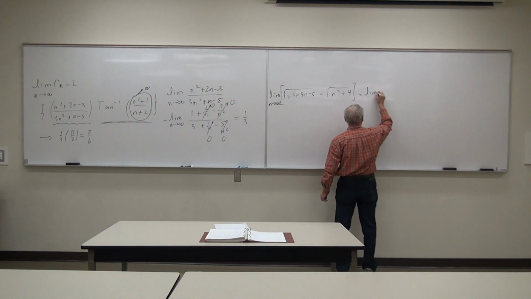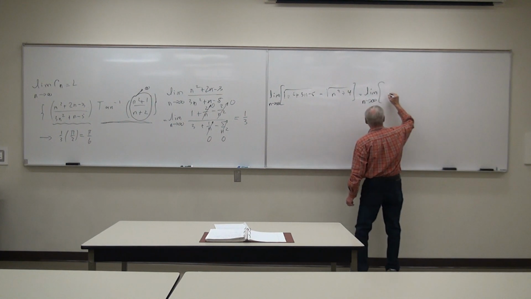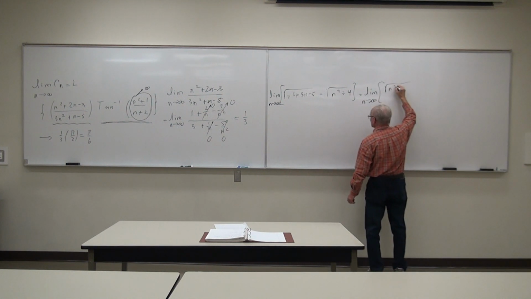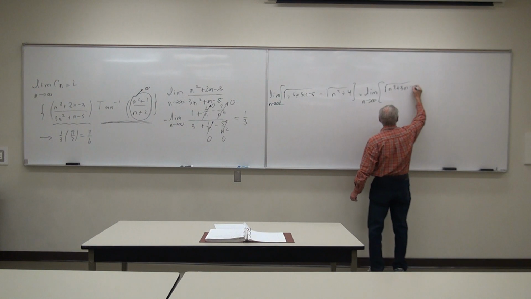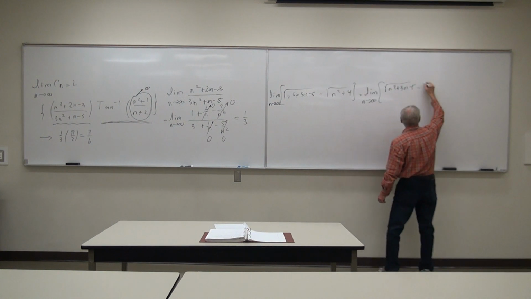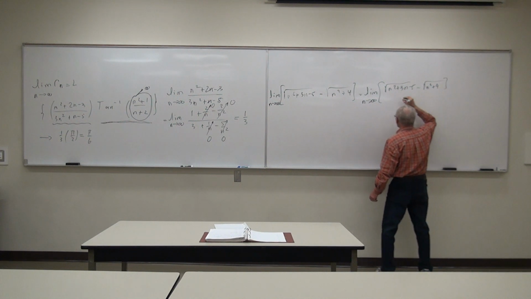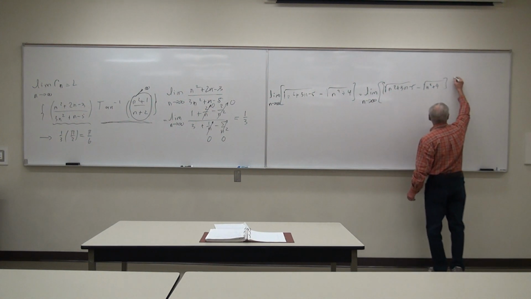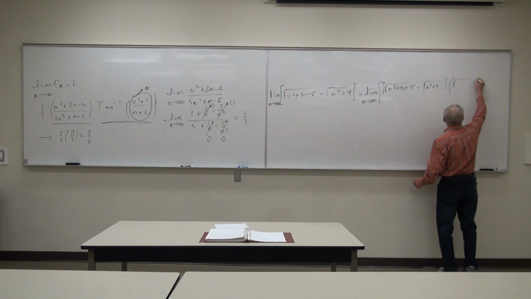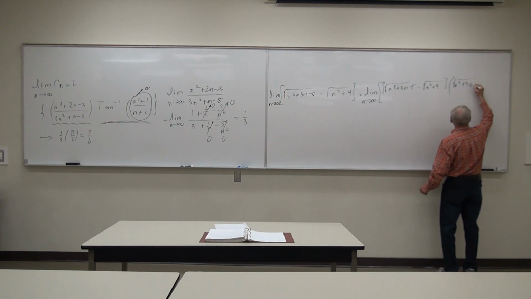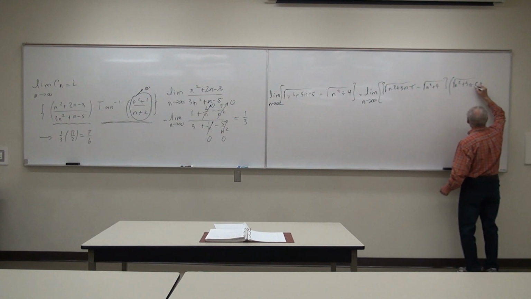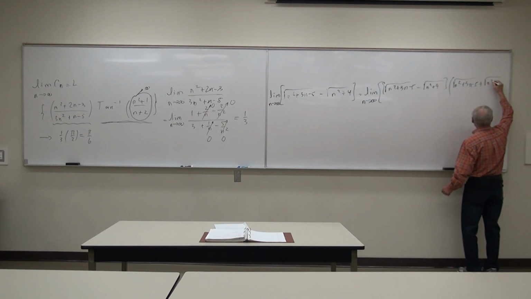So write the limit as n goes to infinity of the square root of n squared plus 3n minus 5 minus the square root of n squared plus 4. Multiply top and bottom by exactly the same thing, the square root of n squared plus 3n minus 5 plus the square root of n squared plus 4.